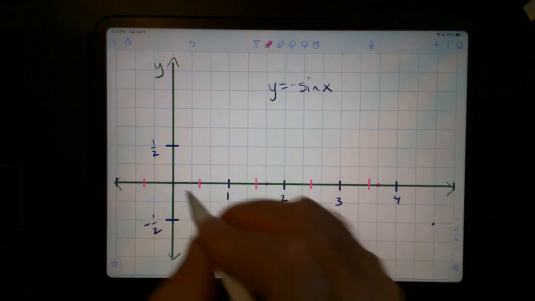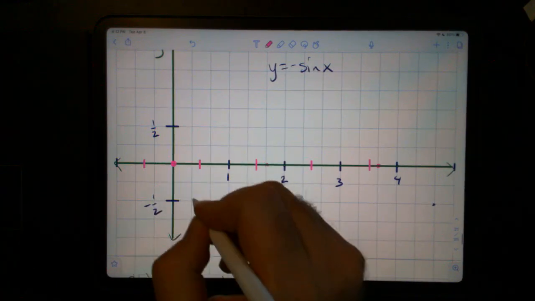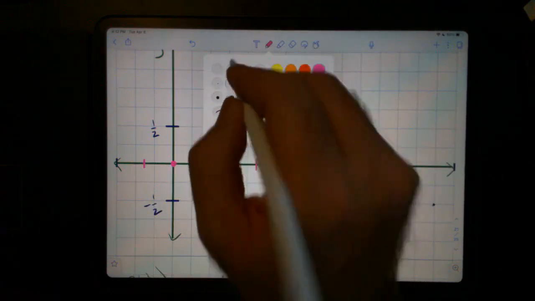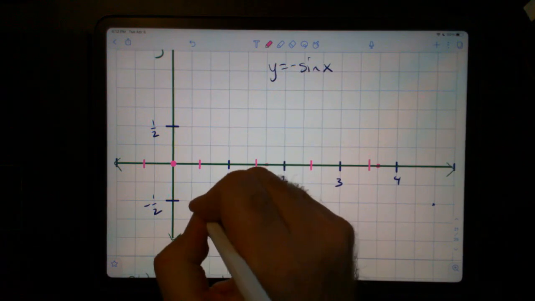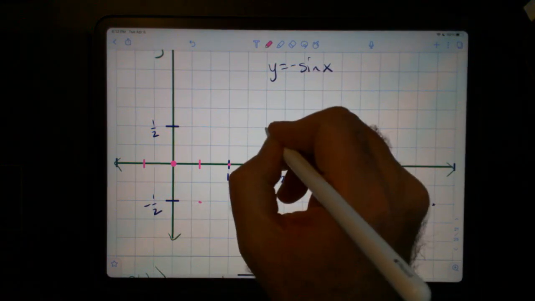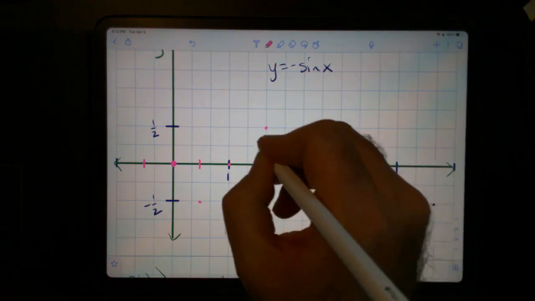So that the basic shape of this graph will be here, down, up, because it's negative, it's going this backwards route.